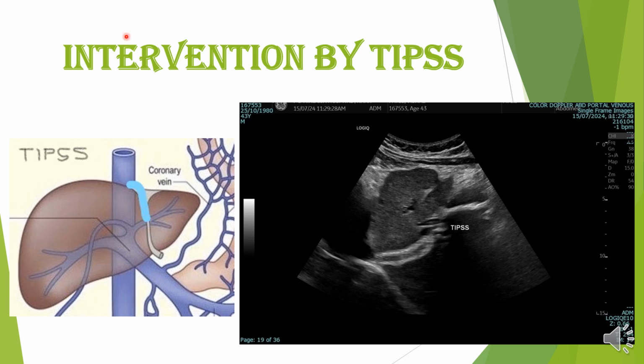The stent is passed through the internal jugular vein to the right atrium and to the IVC, and then it's placed between the IVC and the left portal vein at the ductus venosus. This causes bypass of blood, and the blood flows directly to the IVC through this TIPS, which eventually relieves the formation of these collaterals, and the patient is relieved of the hematemesis.